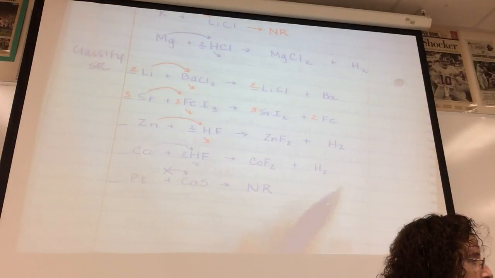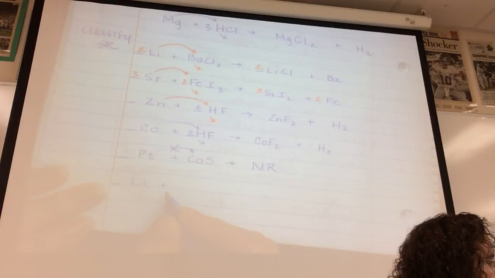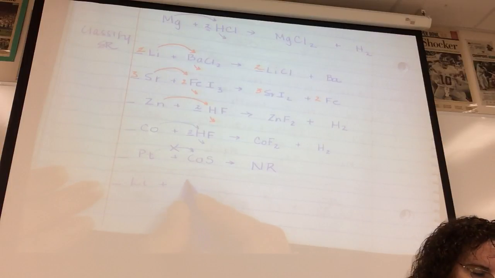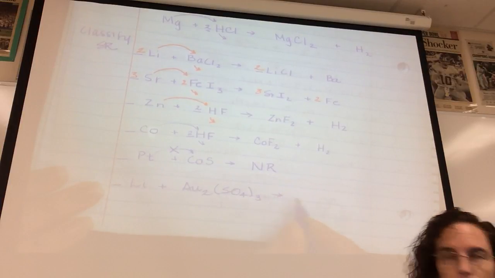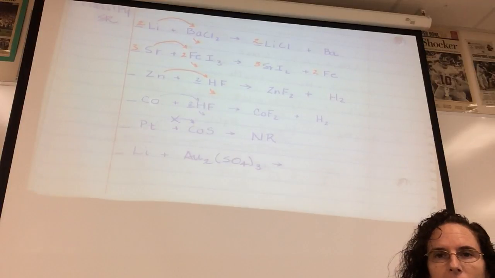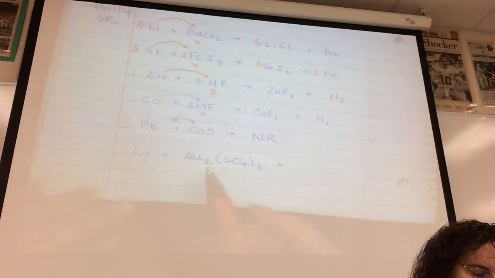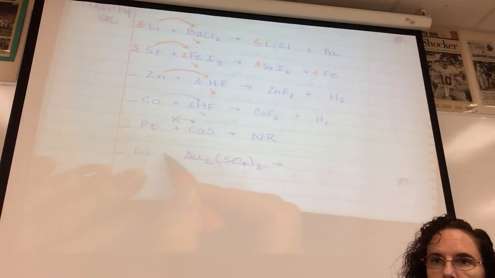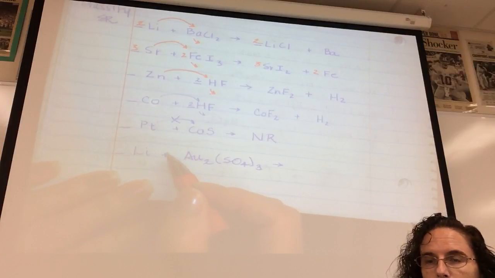Okay. The next one says lithium and gold 3 sulfate. This one's a little bit different because we've got a polyatomic in there, but still very doable. What's the first thing we check, Carissa? And is it?